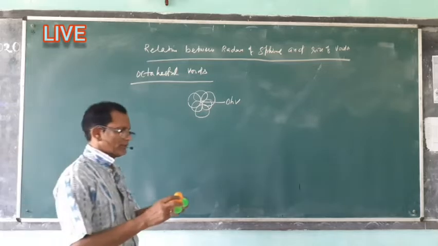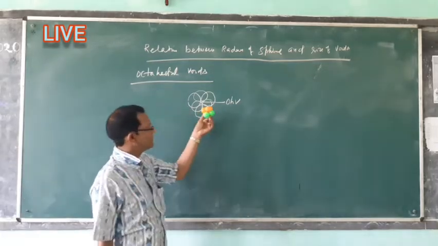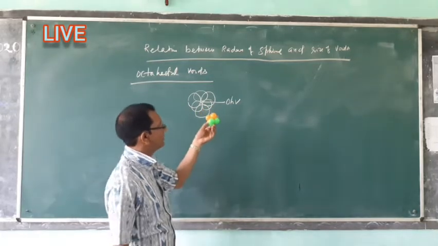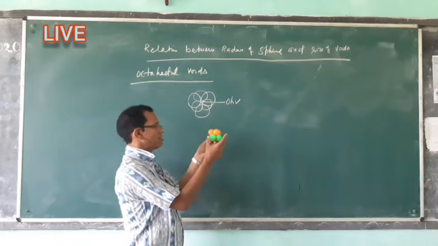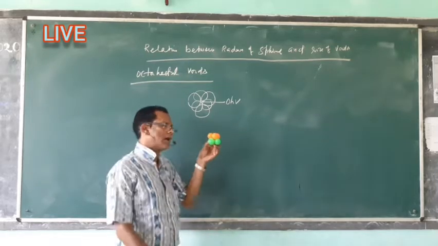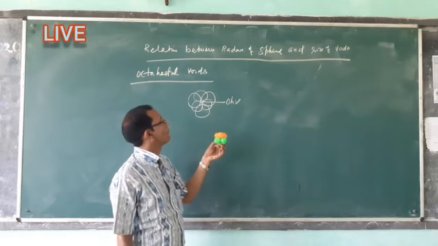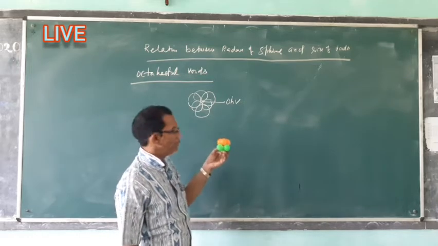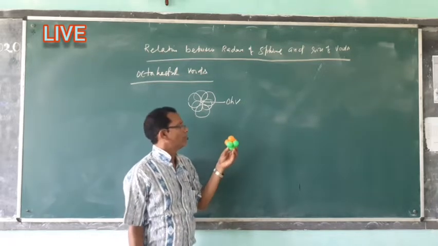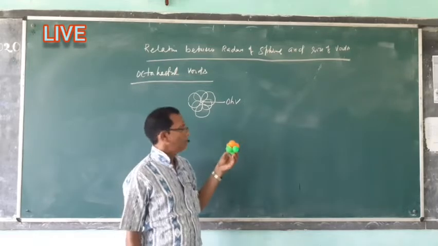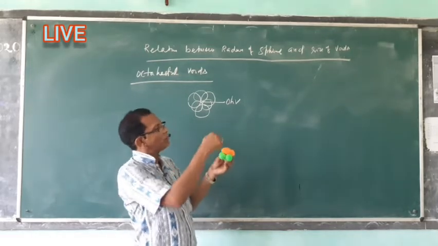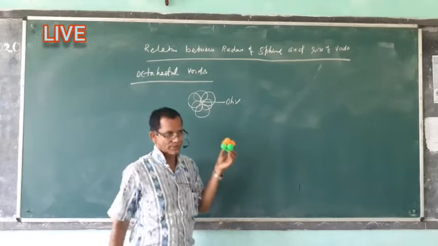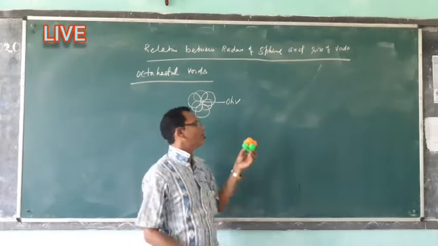If you see this model, it is like this, a similar model. Over 3 spheres, another 3 spheres are placed. The void is produced in between these 6 spheres, 3 spheres above another 3 spheres.